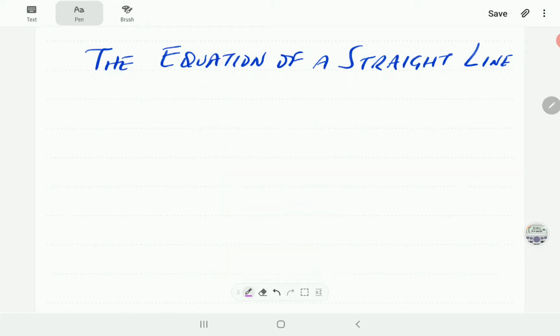But before we go into the theoretical consideration, we're going to go on to an XY grid and work through some practical examples to try and show you how equations of straight lines come about, and hence put across the significance of what equations of straight lines actually mean.